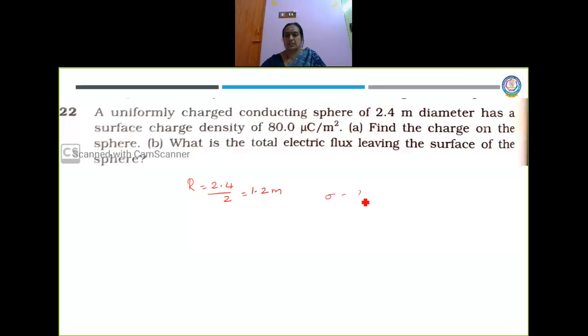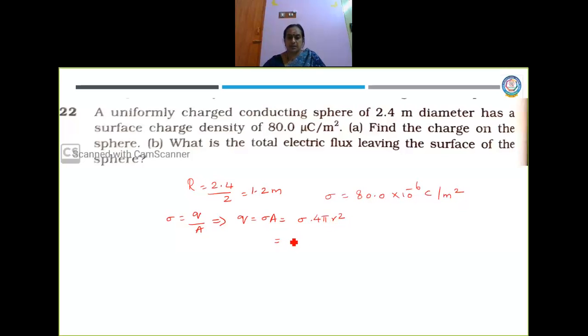Surface charge density is 80 into 10 power minus 6, again there micro. Find the charge on the sphere. So Q you have to find out. Actually we have to go for the sigma formula. Sigma is Q by A. Q is equal to sigma into A. Sigma value is given. A is 4 pi R square, right?